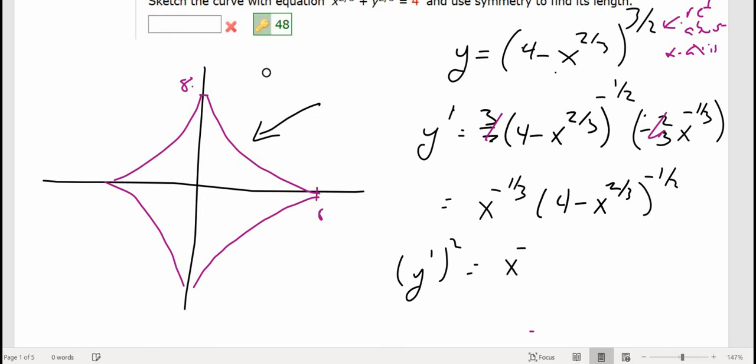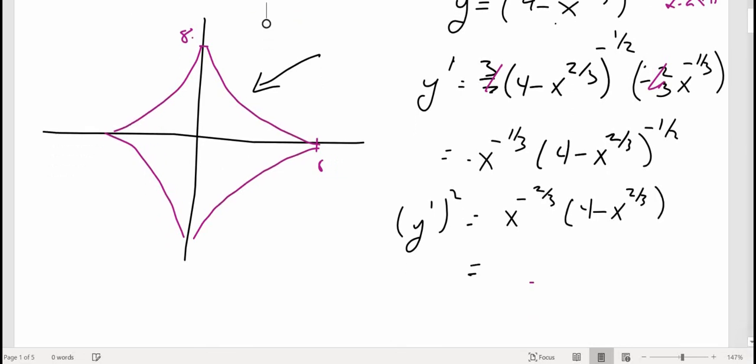So that's going to be x to the negative 2/3 times 4 minus x to the 2/3. When I square that negative in front here, of course it's going to be positive because I'm squaring stuff, right?